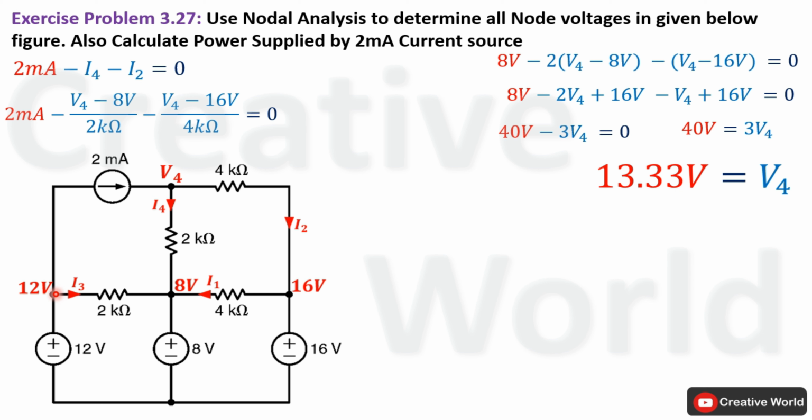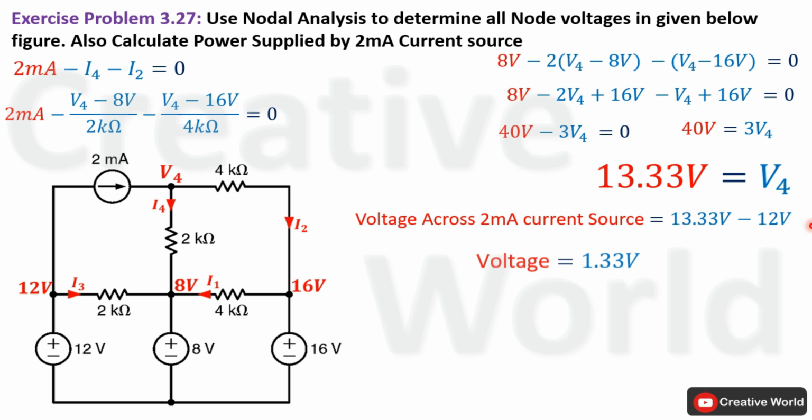So we can find out voltage across this constant current source. Voltage across this constant current source will be equal to the potential difference of these two node voltages, 13.33 volt minus 12 volt, which will be equal to 1.33 volt. Now we have the value of voltage across this constant current source.